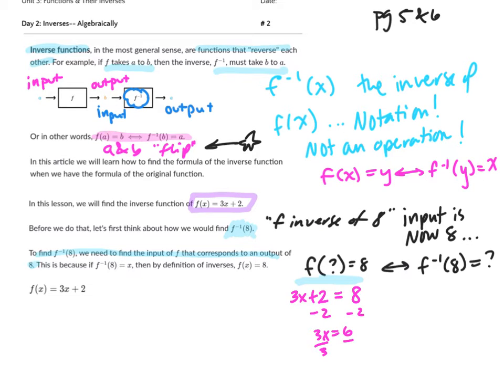It's a nice little x equals 2. So what that means is that f inverse of 8 equals 2 because in the original function, if I input 2, I output 8. So that's that idea.